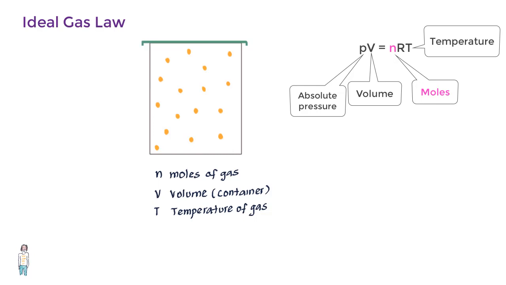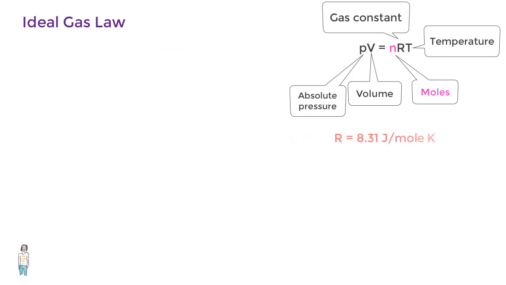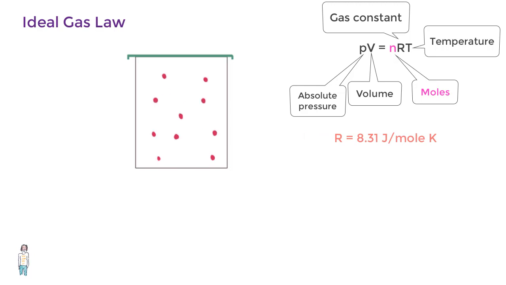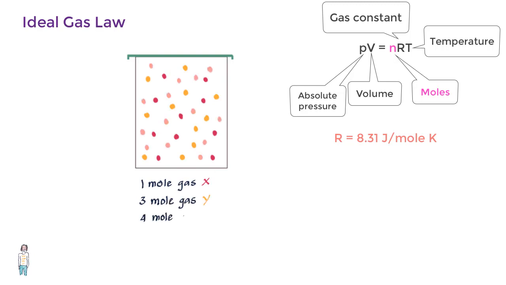The symbol R is a constant referred to as the gas constant, and it is the same for all gases. Its value is 8.31 joules per mole Kelvin. This ideal gas law is also valid for a mixture of different gases. You just need to take the total number of moles in the mixture, and you can use this formula to find any of the variables in this equation.